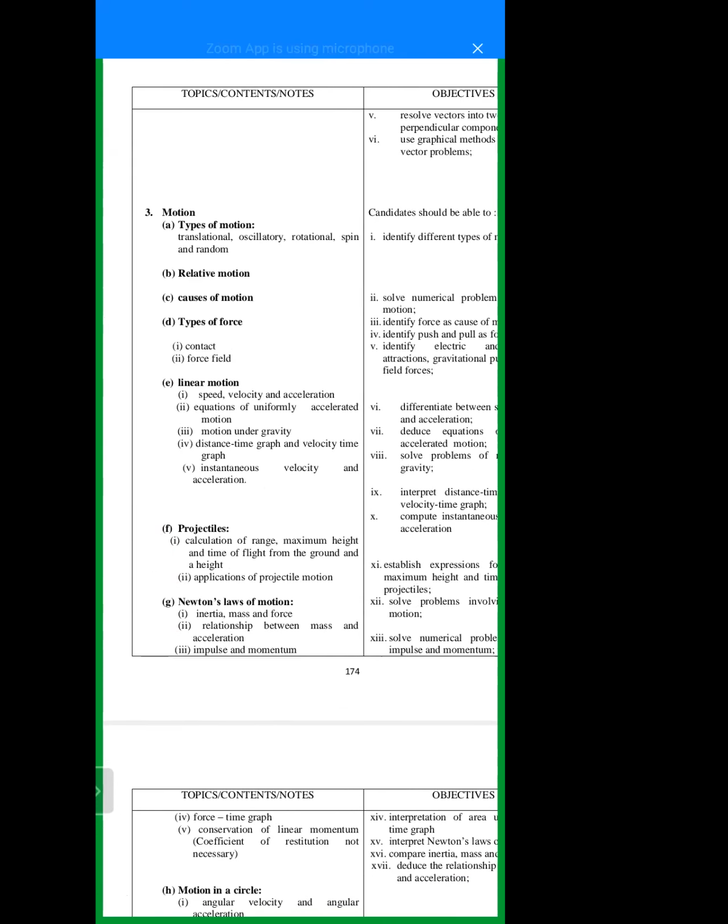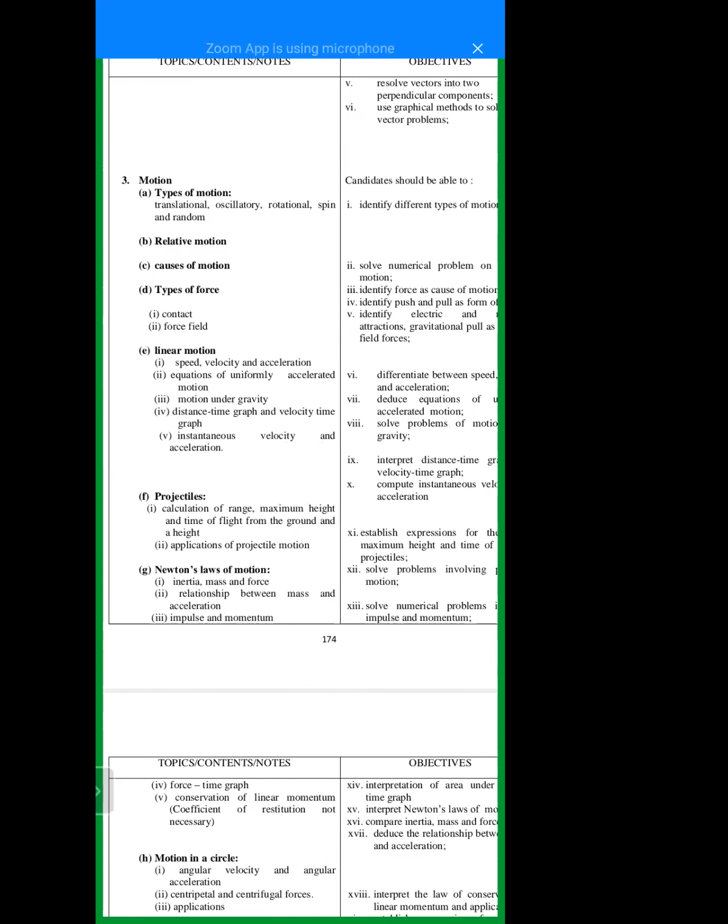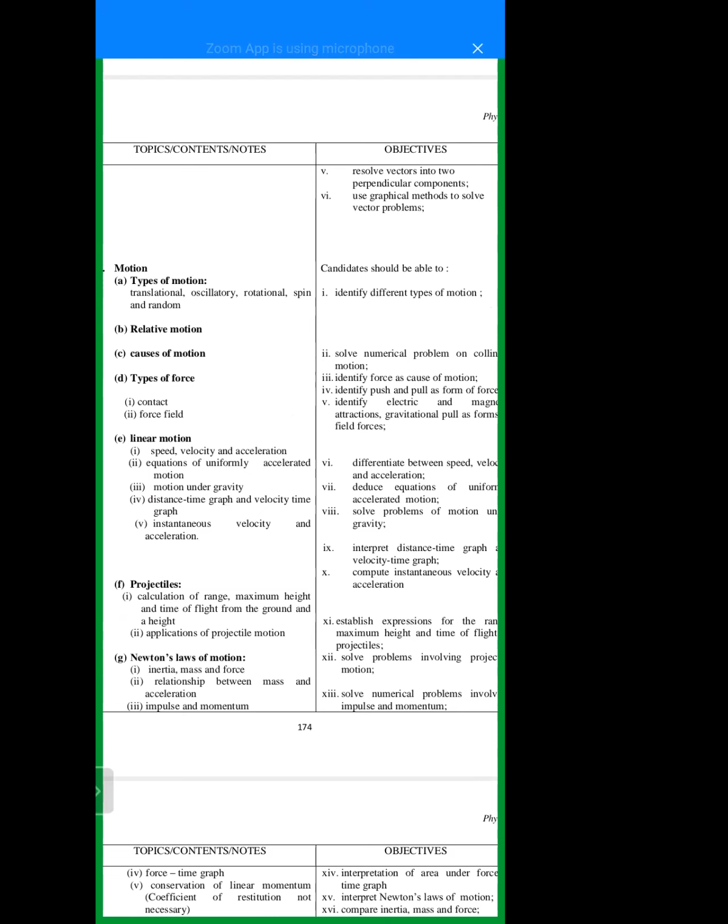Okay. So you are to resolve vectors in 2 variables. Now, this resolving of vector into perpendicular components will be dealt with when we get to vector itself, because there is a topic under this that we will talk about vectors. All right. We are going to delve into that properly.